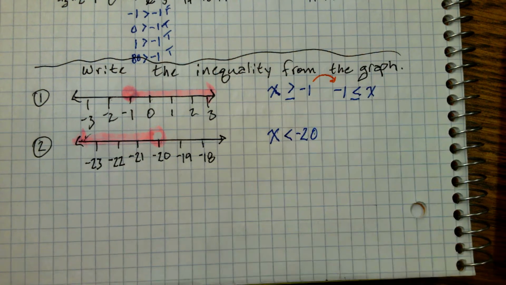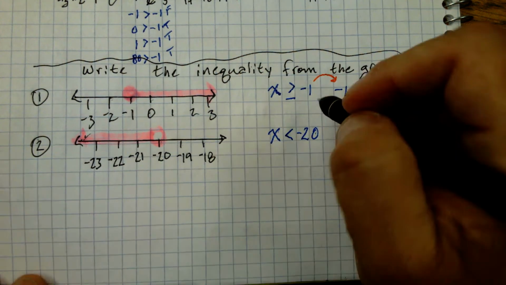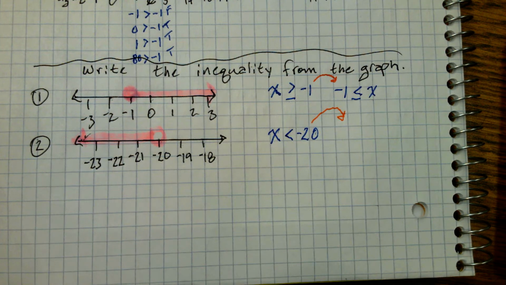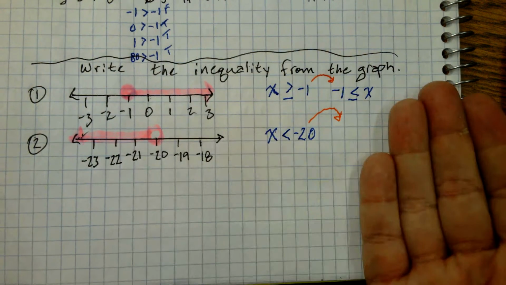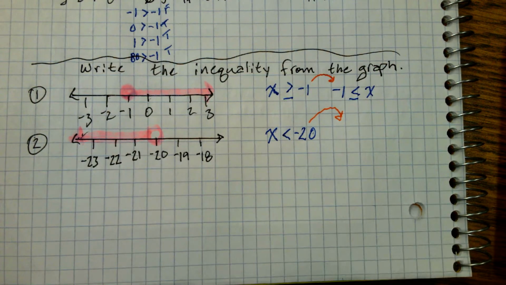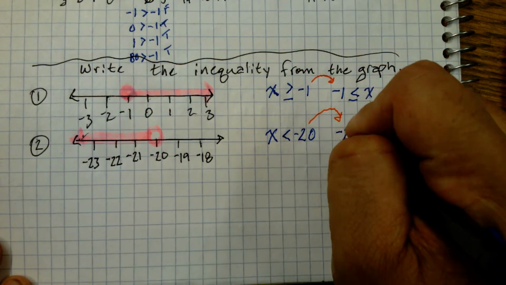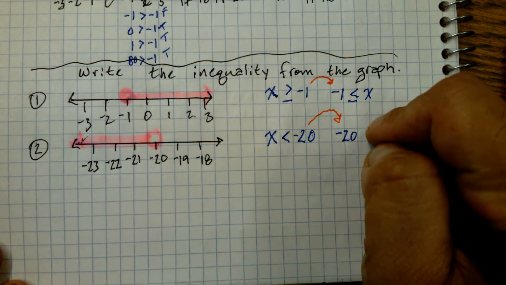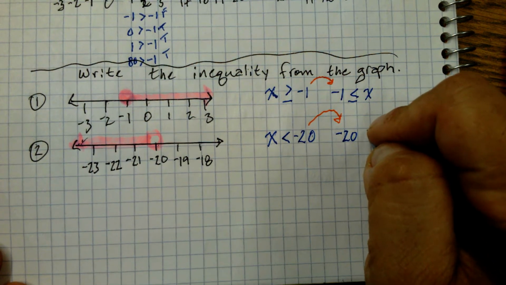-20. So I'd like you to flip it and write the other possible answer. What's the other possible answer? Turn it over like a pancake. -20 would go first. -20 is, which symbol do we want?